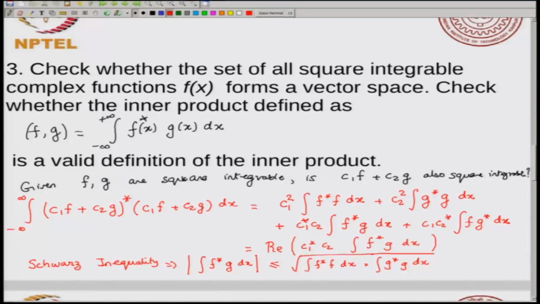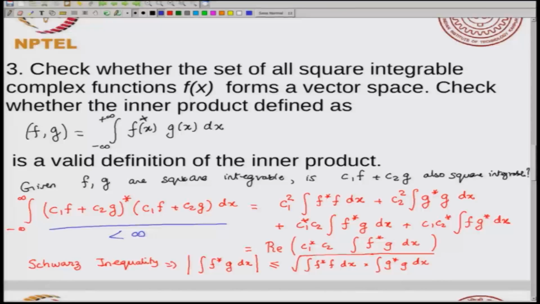Now, each of f star f and g star g is less than infinity. So, therefore, the integral f star g dx has to be less than infinity. Okay. So this whole thing is less than infinity, because each of these terms is individually less than infinity. So, basically if f and g are square integrable, this is also square integrable.